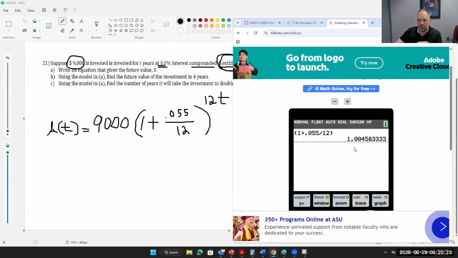So it's 1.04583, etc. So I think it's easier to understand if I keep it this way. But if we need to go to this other form, it's fine.